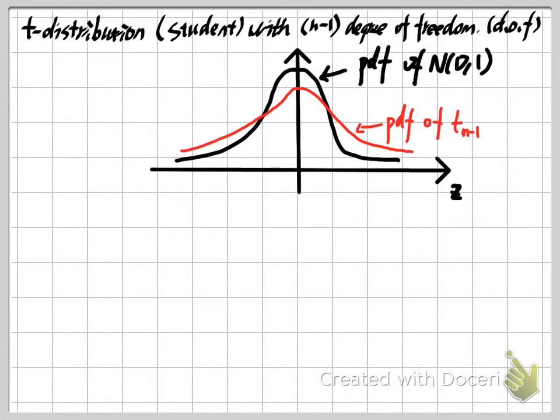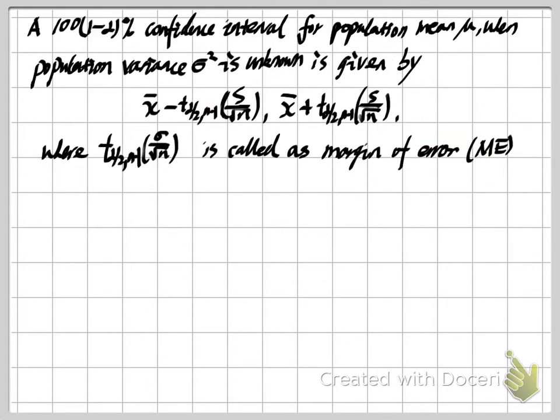So here, this means we will have this equation. You can see the difference: first, when the population variance is unknown, we use the t table to find these two values, and also we should use the sample standard deviation s to substitute our original population standard deviation.